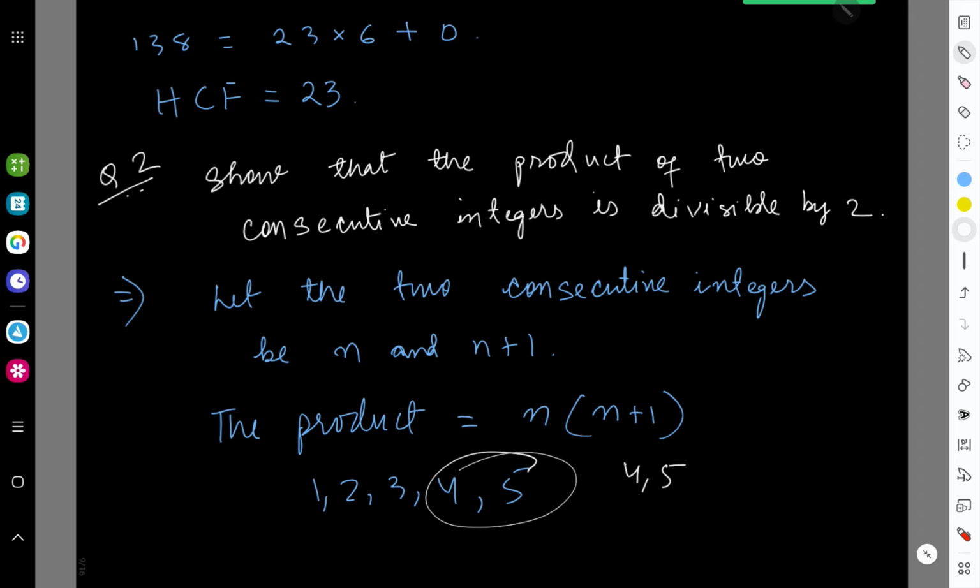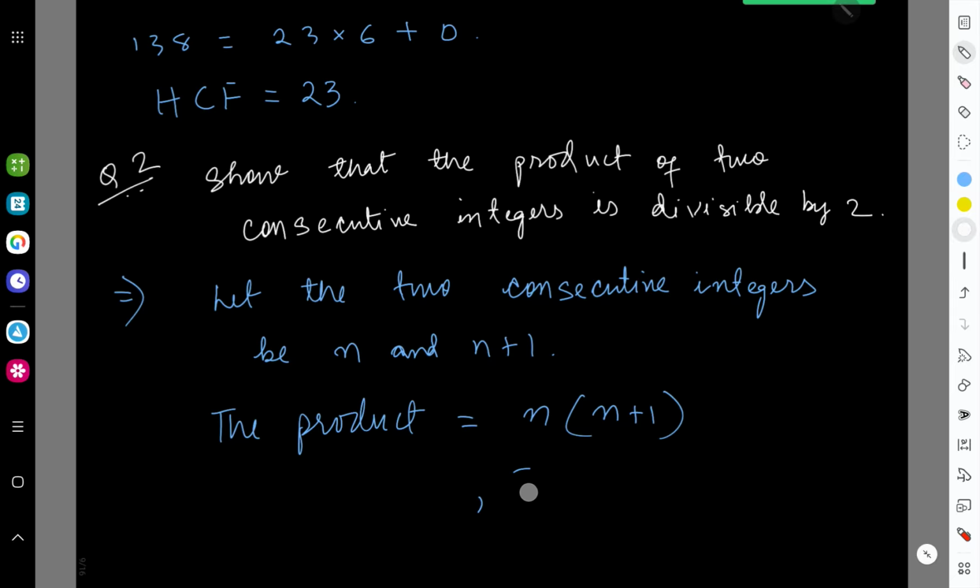If we consider 4 and 5, then 4 is even. If we consider 3 and 4, again they are consecutive integers, and 4 is even. If we consider 2 and 3, 2 is even again.